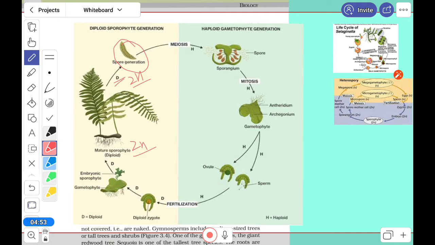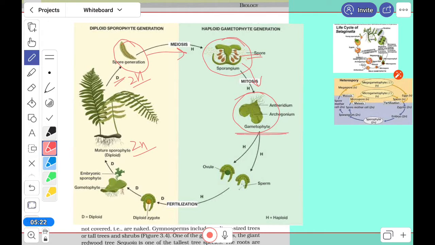Here D means diploid. Then the meiotic cell division takes place in the sporangium, and the spores are produced. In the process of meiosis, the spores form and turn haploid. After that, the spore grows by mitotic cell division.